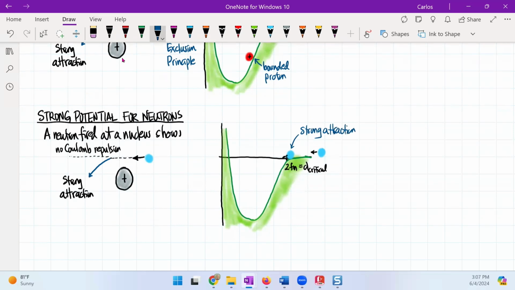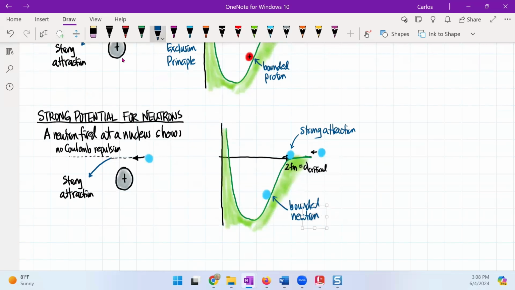That means if I fire it at that distance, it's going to have this curved trajectory. But if it's in the well here, then we're going to say that this is a bound neutron. The neutron is now captured.